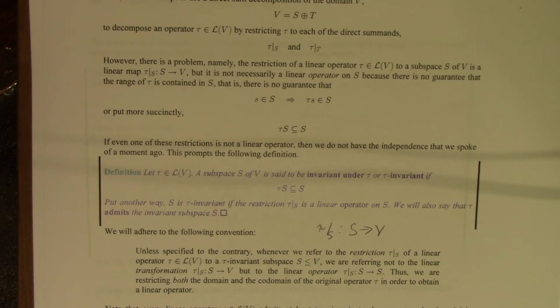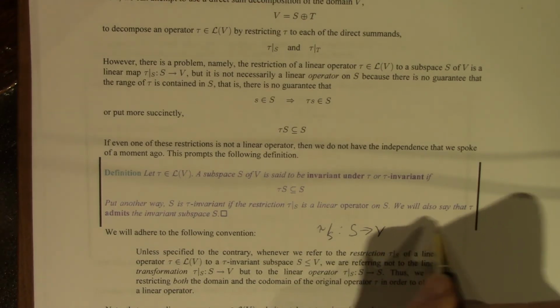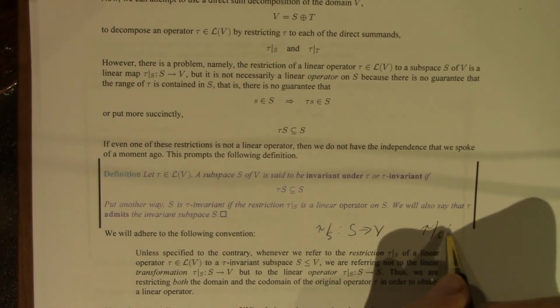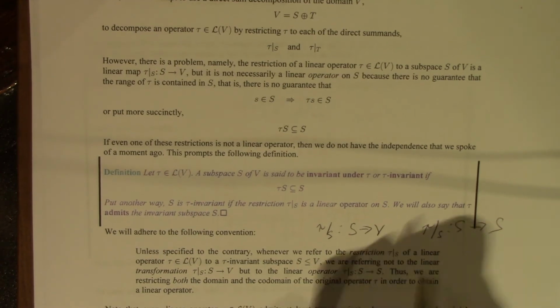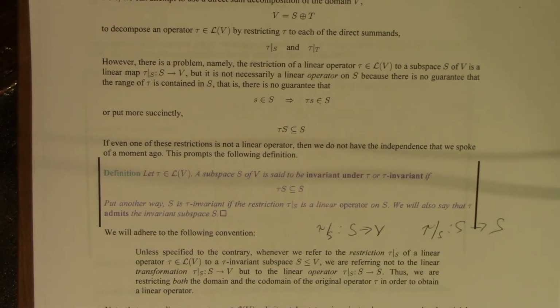We also want to restrict the codomain so that when we refer to the restriction of tau to S, we are restricting both the domain and the codomain. That works if and only if S is tau invariant.